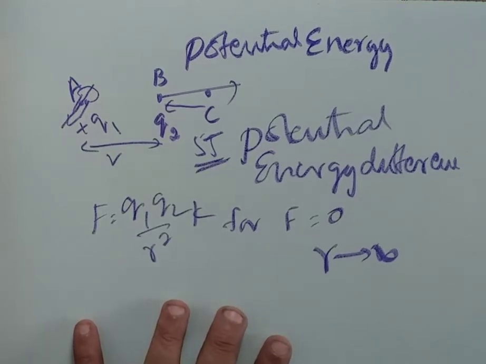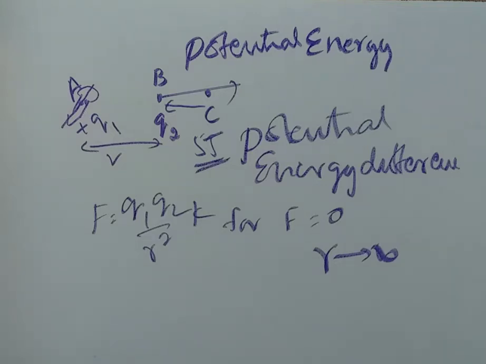Now, observe. Let me go for the definition of potential energy once again. It is the amount of energy or amount of work done in bringing the given charge from infinity to the given point against the repulsion by another charge without accelerating it. And also, it is more specific to say potential energy of this two charge system Q1 and Q2.